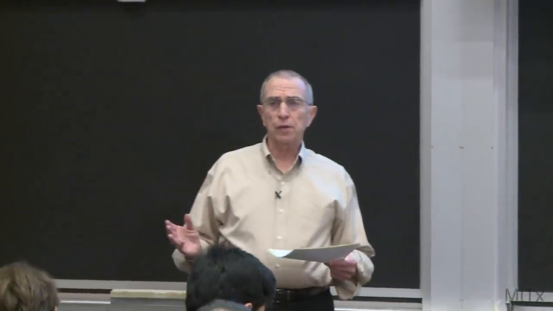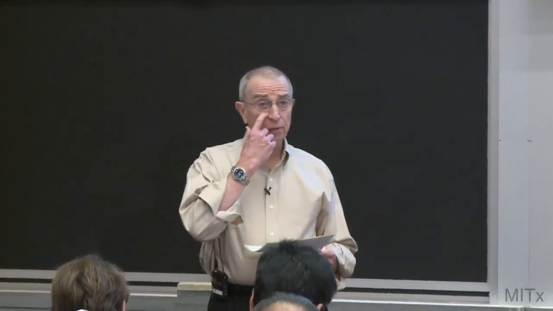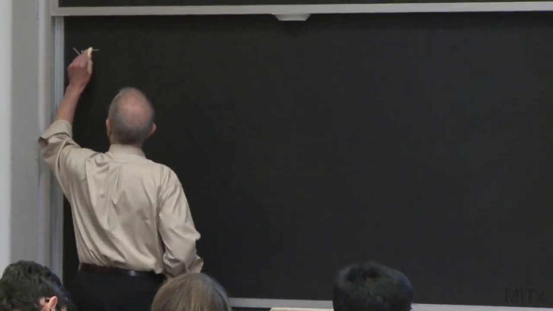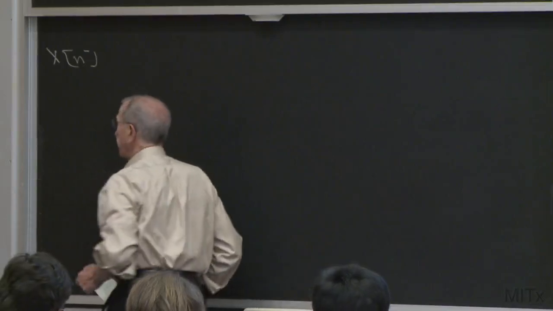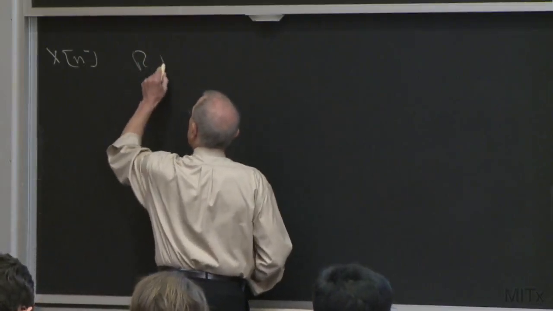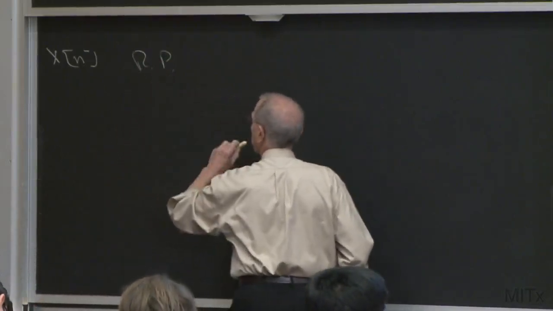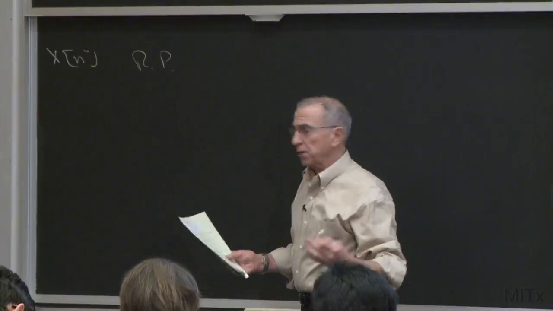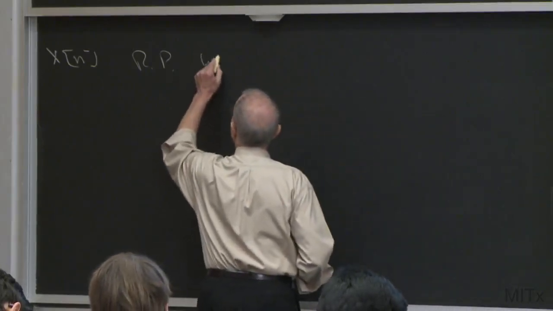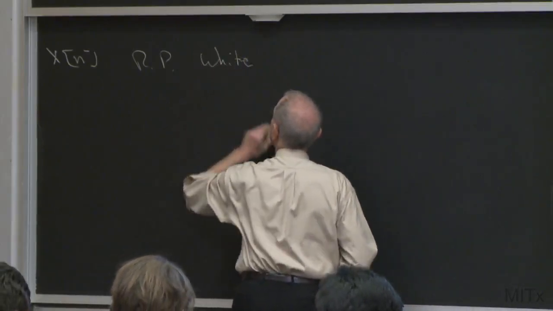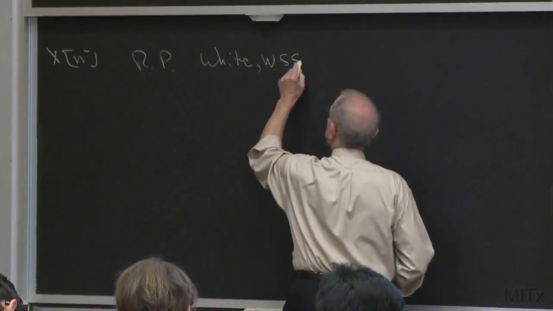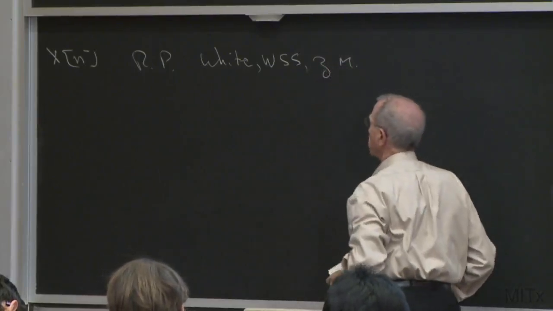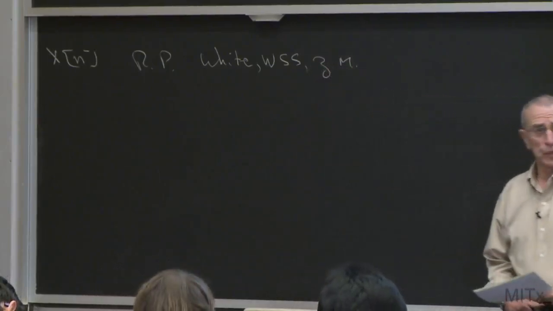it essentially revolves around issues of talking about a random process, x of n, and in particular, the basic underlying assumption that we're going to be making as we go through this is that the random process is white, it's wide-sense stationary, and mainly for convenience, I'm also going to assume that it's zero mean.